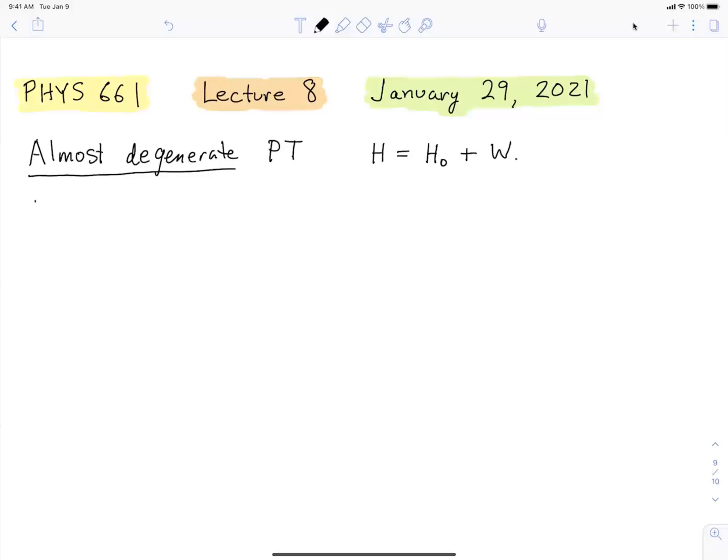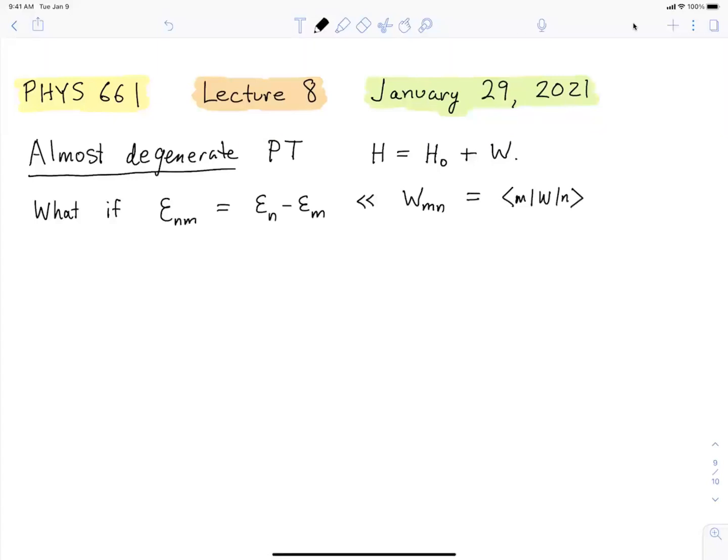And we're asking the question, what happens if, when we look at the energy differences, which we've been calling epsilon nm, those are the differences in unperturbed energies of H0, what happens if those are much, much less than the perturbation theory matrix elements, WMN, which is our notation for the matrix element <m|W|n>?